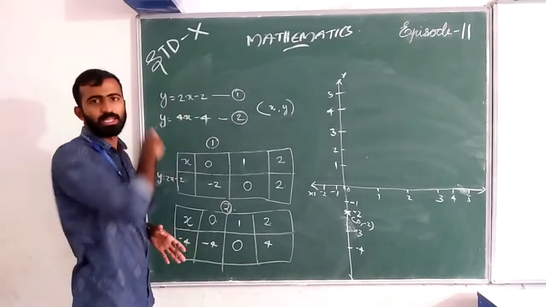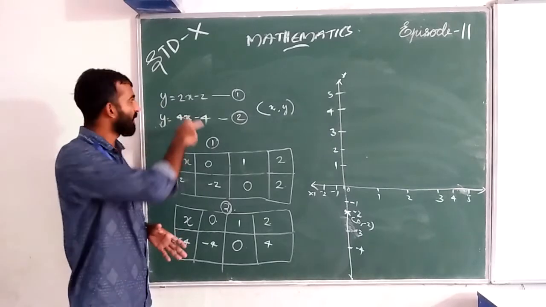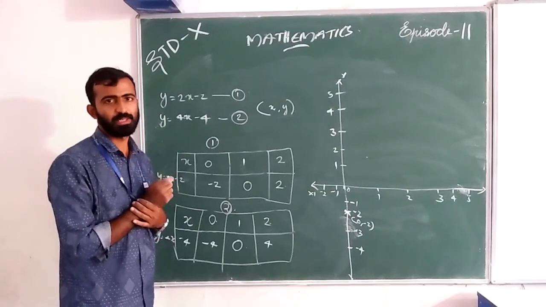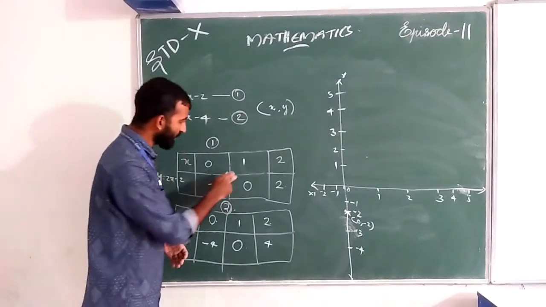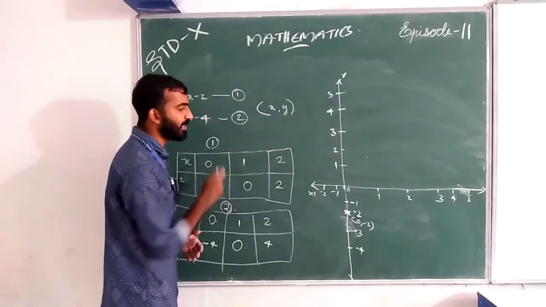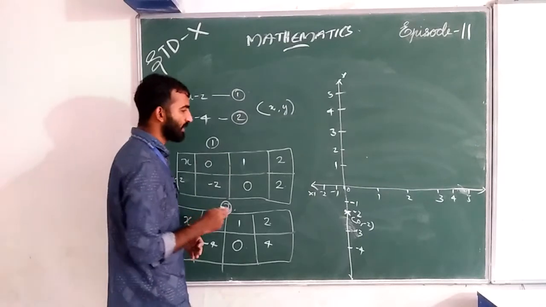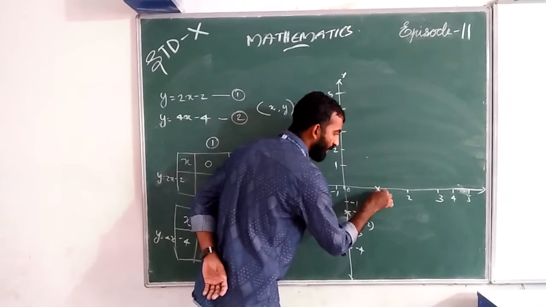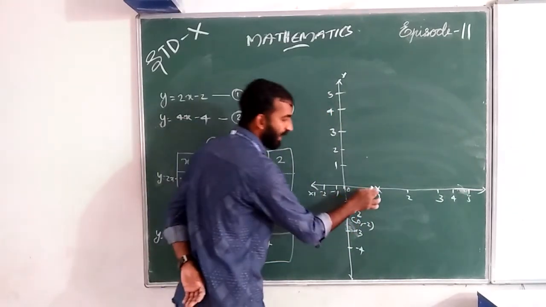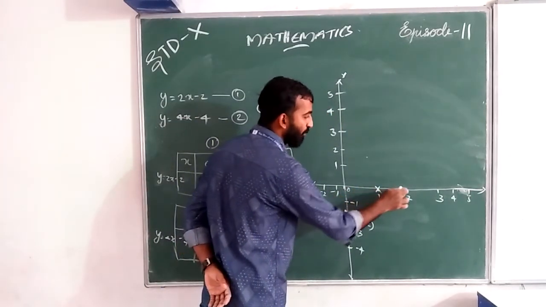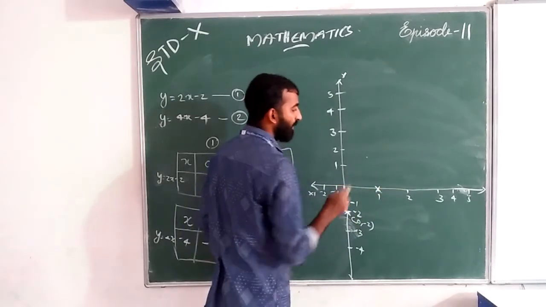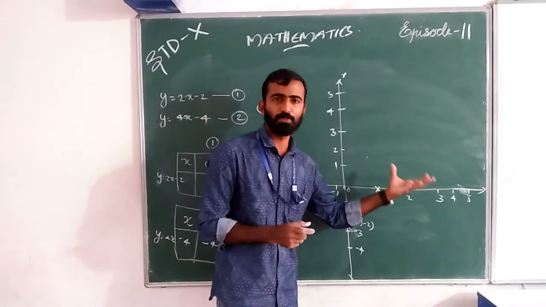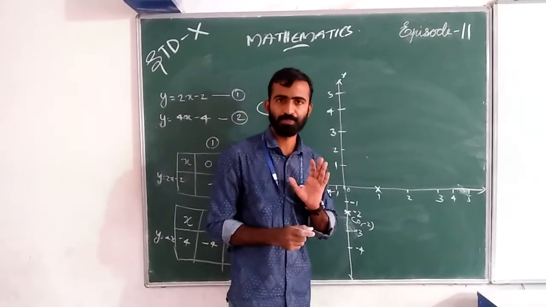What is y? Number of shots. And what is x? Number of pans. Is it? Yes. So the second coordinate is 1, 0. When we take any number on the x-axis, the y coordinate must be 0.